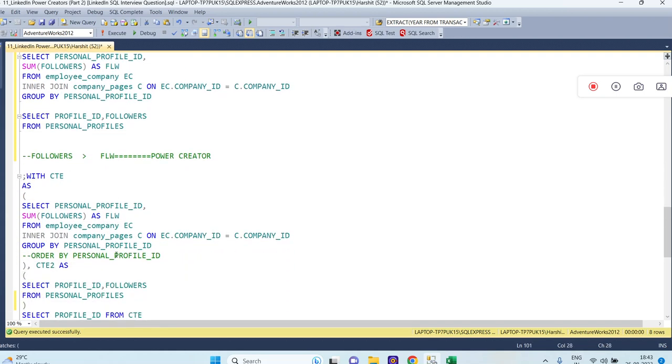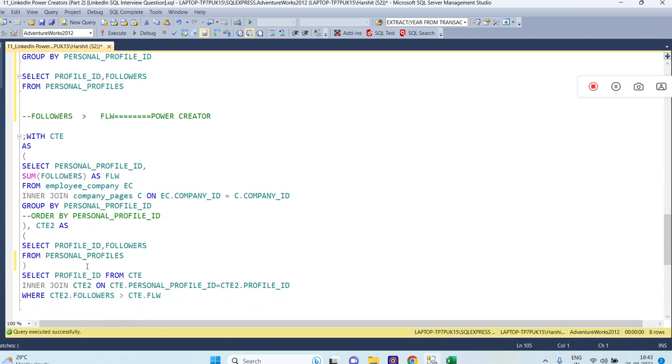So here we have used the concept of multiple cities. This will become our first city, this will become our second city. We can separate the multiple cities by comma, right?